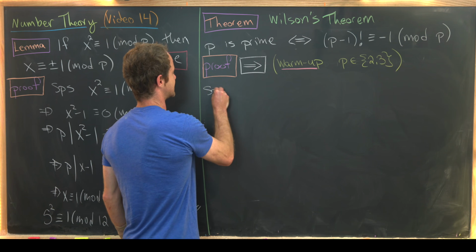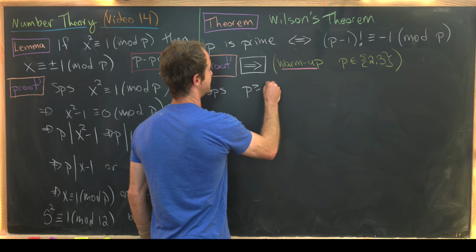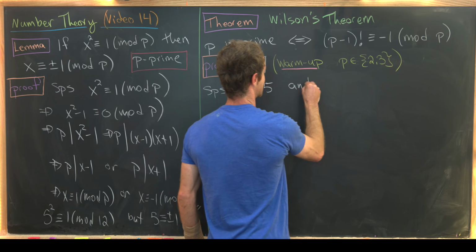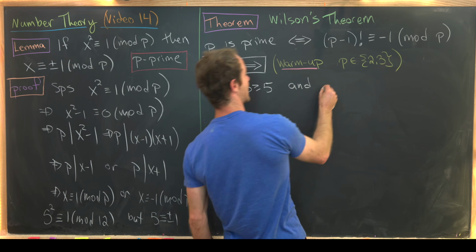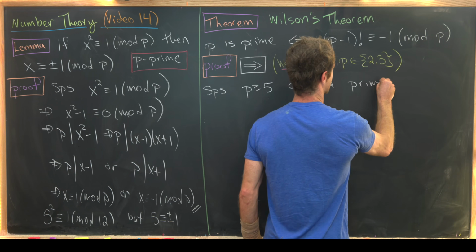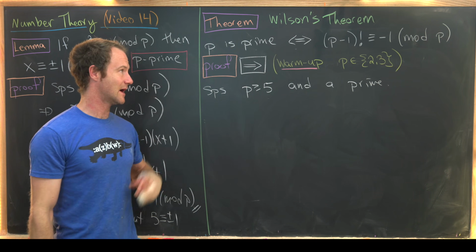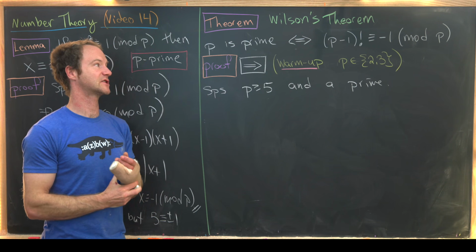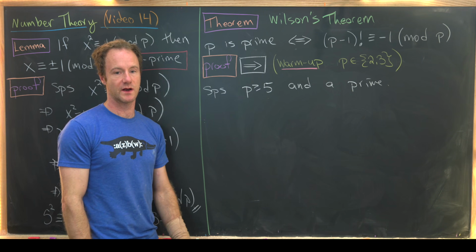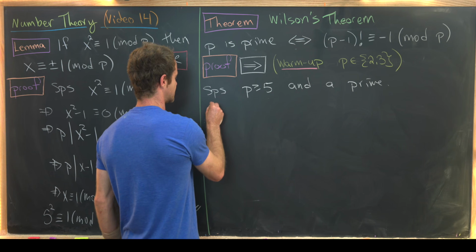So now let's suppose p is bigger than or equal to 5 and a prime number. We want to end up with the fact that (p minus 1) factorial is congruent to minus 1 mod p. Okay, so how can we do that?